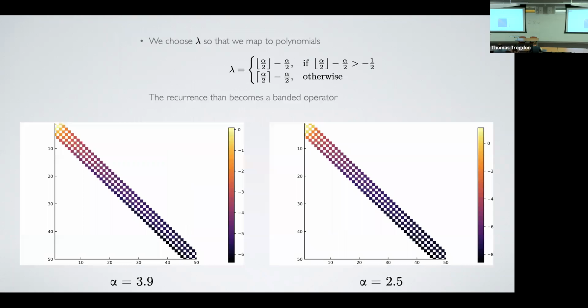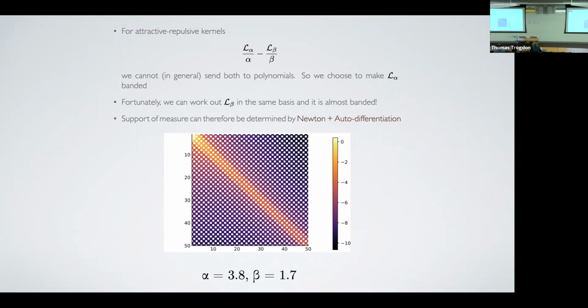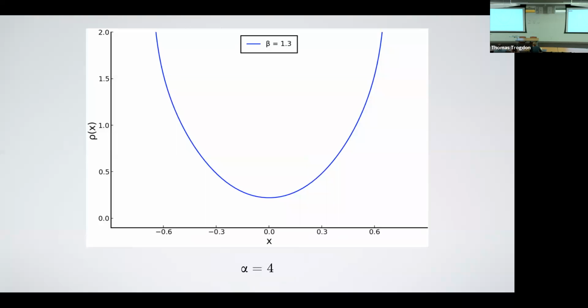Then we can plug that into the rest of the framework of choosing the support of the measure using iteration and so forth. That's how we managed to produce this movie, which is the world's slowest movie.